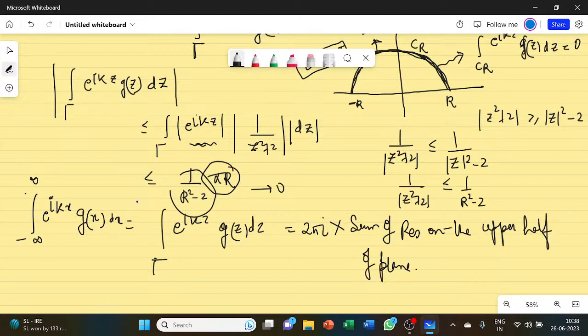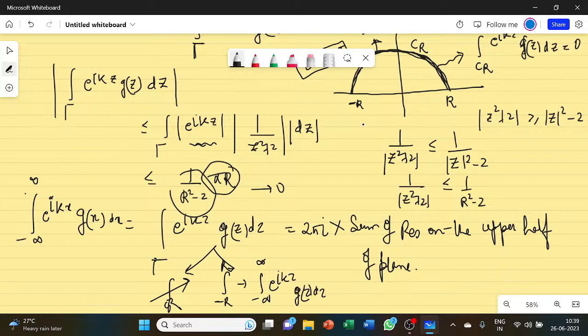Now, I have already told you that this integration can be divided into two parts. One would be over C_R, on this particular semicircular curve. This particular integration would go to 0, and the integration from minus r to plus r will become an integration from minus infinity to plus infinity, e to the power iota kz g(z) dz.